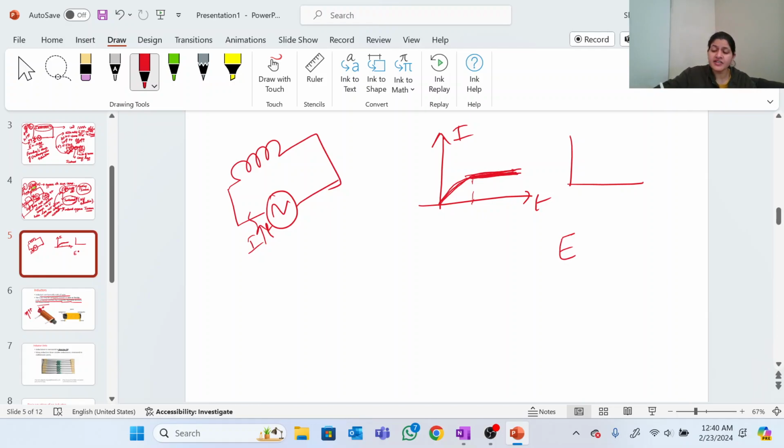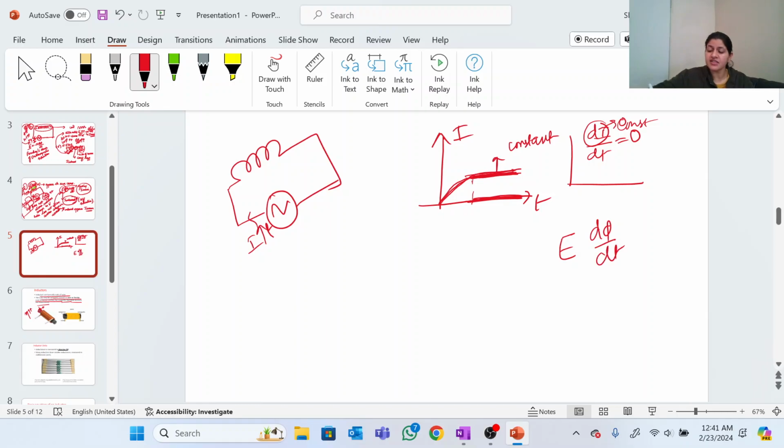That this current here is constant now, which means the change in current with respect to time is 0, because the time is changing but the current is constant, and the differentiation of any constant value is equal to 0. So di by dt is 0.